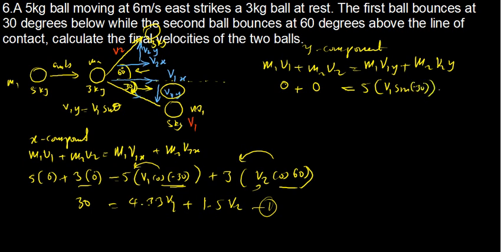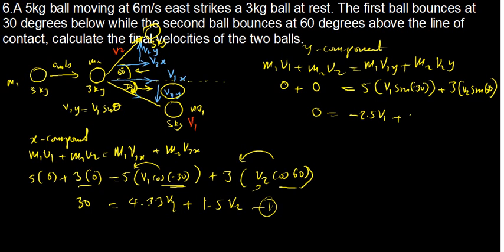And then plus m2, which is the 3 kg object, and then v2y will also be v2 sine, but here the angle is positive 60 because it's going up. So what you are going to have is 0 is equal to sine negative 30 is negative 0.5, and then multiplied by the 5 which is outside, that will give us negative 2.5 v1, and then plus sine 60, which is 0.866 multiplied by 3, which is outside.